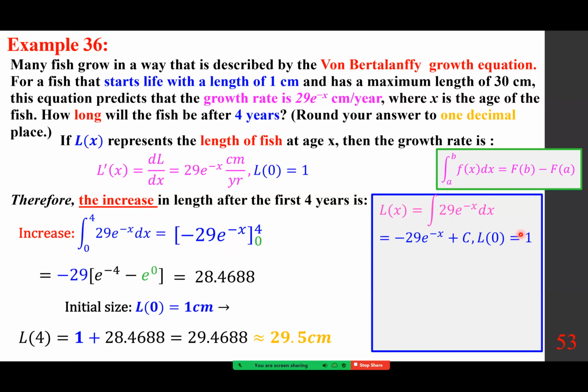So we are going to use L of 0, which means 1 is negative 29 e to the power of minus 0, or 0 makes no difference, plus a constant. As you know, this is negative 29 plus a constant, and the constant becomes 30. C is 30, everybody.